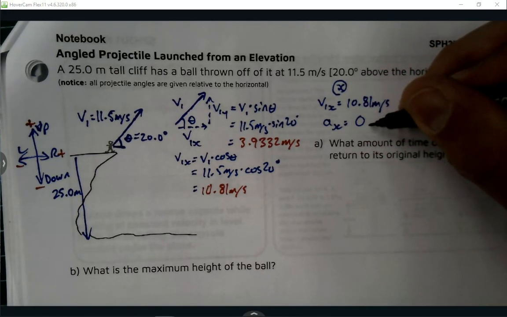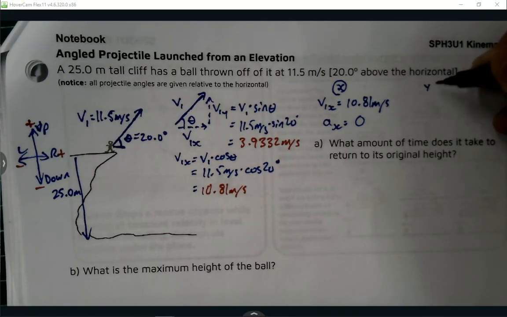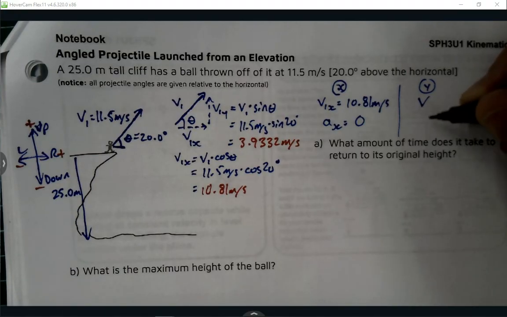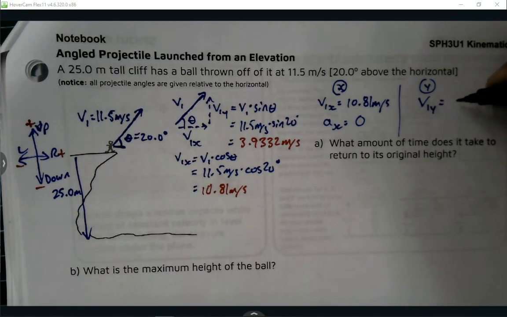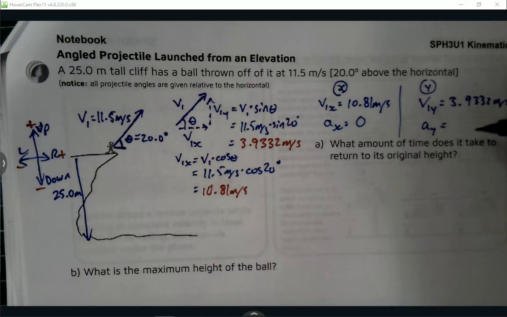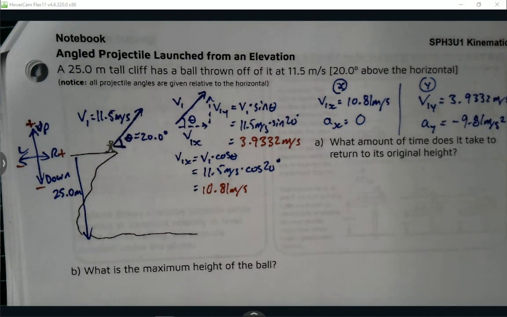We said that's always going to be the case for these projectiles because gravity doesn't operate horizontally. Our inventory in the y direction: V1y is equal to, we just calculated it, 3.9332 meters per second, and acceleration y is, oh, remember, we said down is negative, so it's negative 9.81 meters per second squared this time.